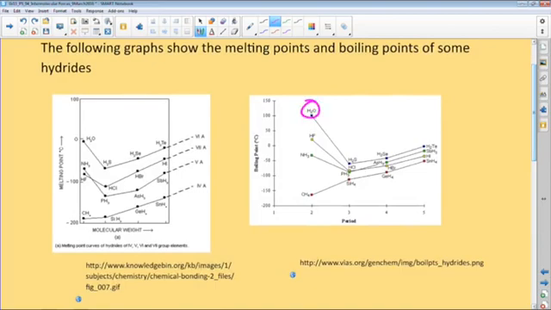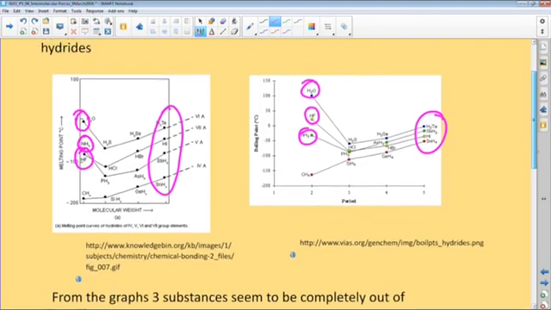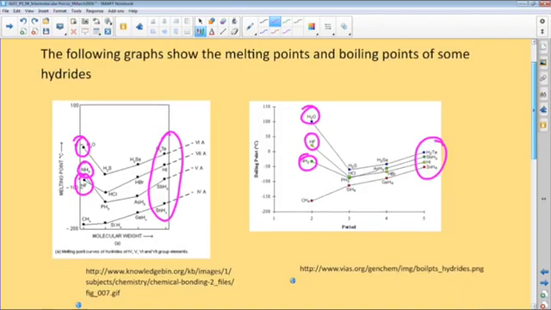Our three smallest ones have got higher boiling points than our heaviest ones over here. Our three smallest elements per group have got higher melting points than the heaviest ones in their group. Okay? The trend is that as the mass increases, our intermolecular forces increase, except for the three that are involved in hydrogen bonding.